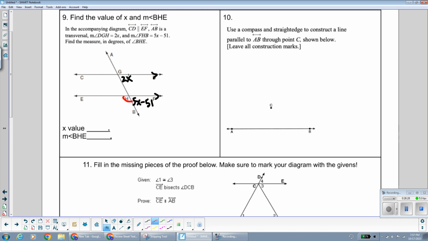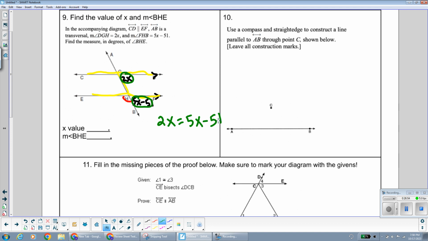First, I'm going to think about the relationship between the two angles I have. Here, I have my parallel lines and my transversal. Notice how these two angles are in the same position. We have bottom right and bottom right. That means they are corresponding angles, and since we have parallel lines, corresponding angles are congruent to each other.